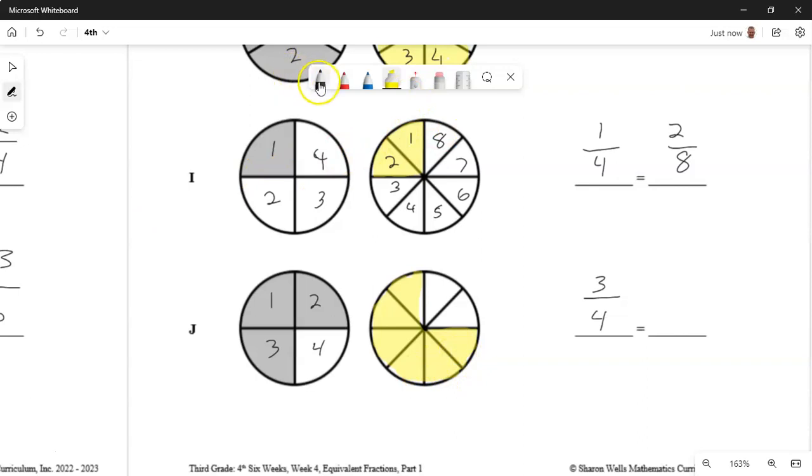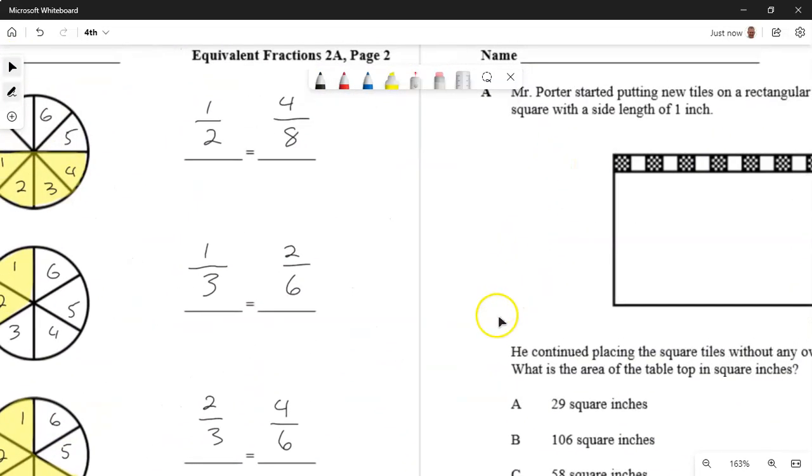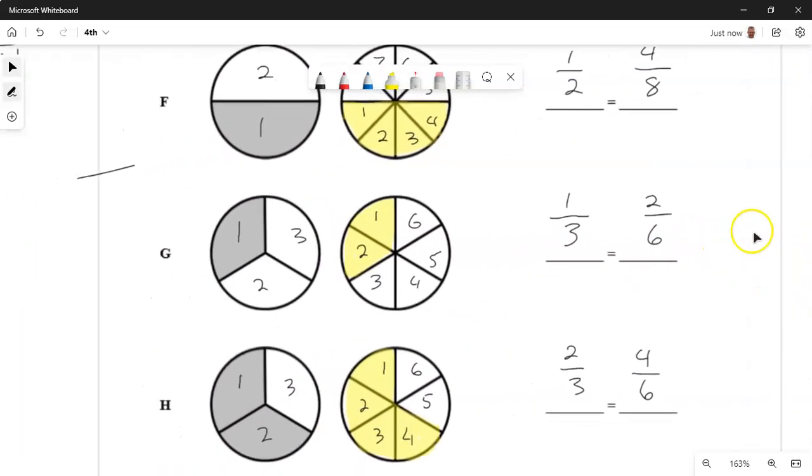So I have 1, 2, 3, 4, 5, 6 parts shaded. So that's numerator 6, out of 8 total parts. So 3/4 is equivalent to 6/8. And I will double check and see. Okay, yeah, that works.